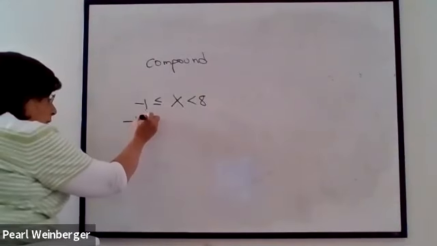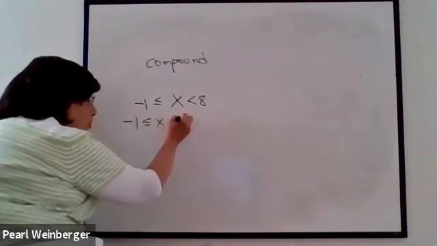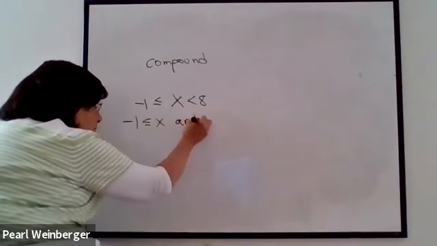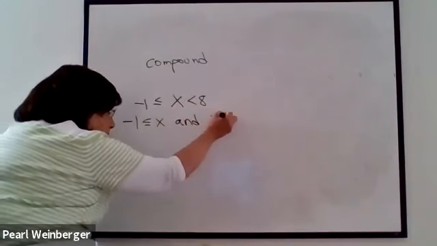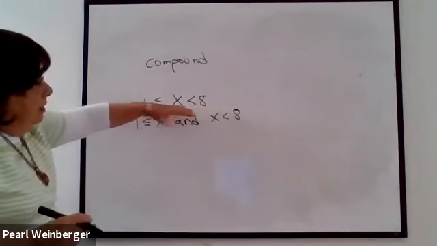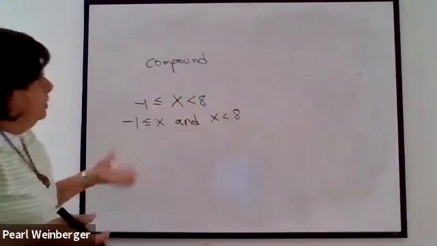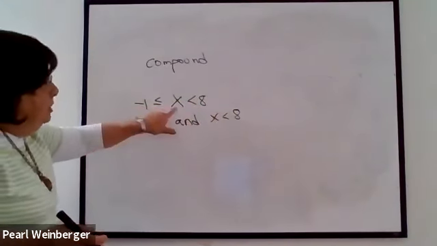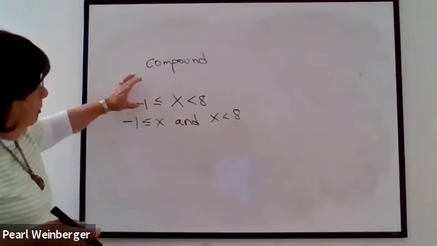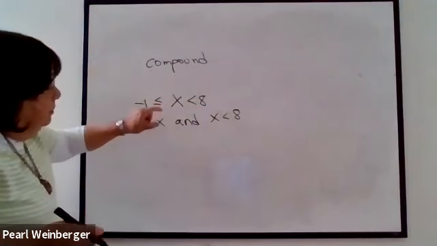-1 is less than or equal to x. And also, x is less than 8. That's what this is. Instead of having to put the x twice, we just put the x in the middle and we put the two inequality signs, one on either side of the x.